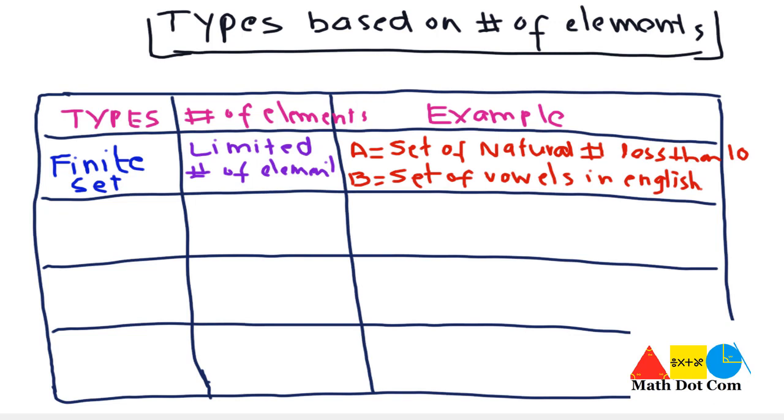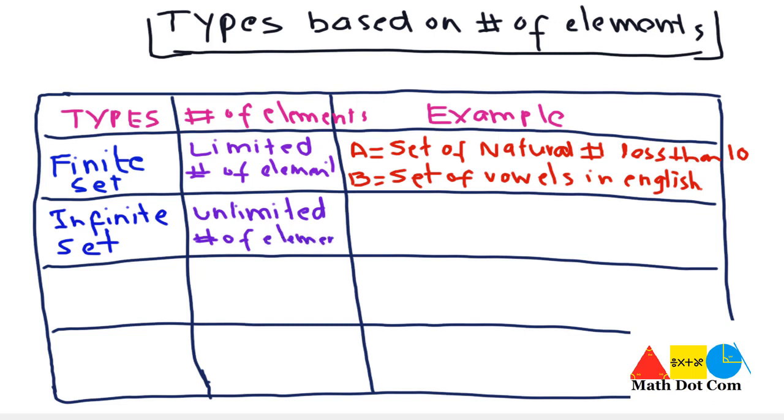Now, the next type is the infinite set. As its name indicates, it has an unlimited number of elements. Now what are the examples?